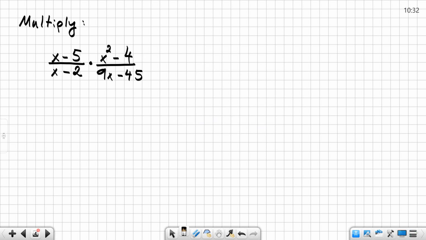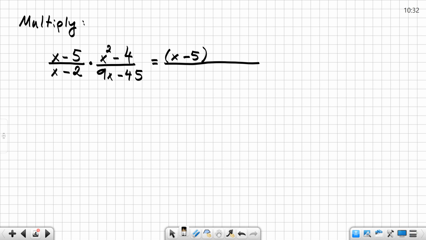Let's do another one. x minus 5 divided by x minus 2. We want to multiply this with x squared minus 4 divided by 9x minus 45. So again, I am rewriting everything.